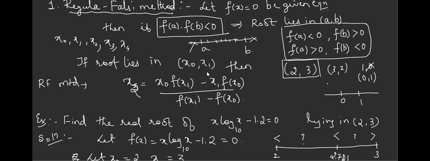So if this is negative and this is negative, negative into negative means positive. Is the root going to lie in the first interval? No. Why? Because this property will not be satisfied.